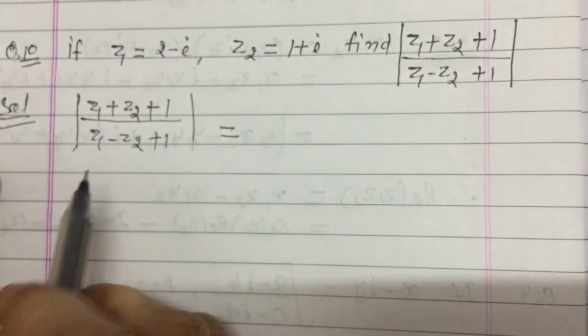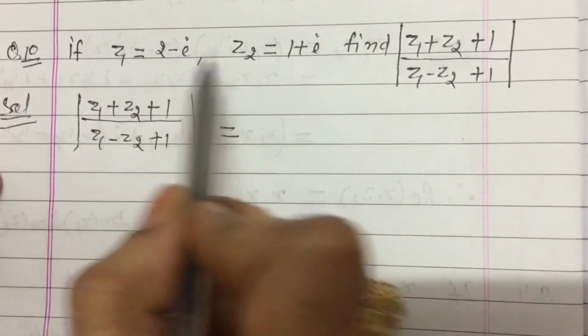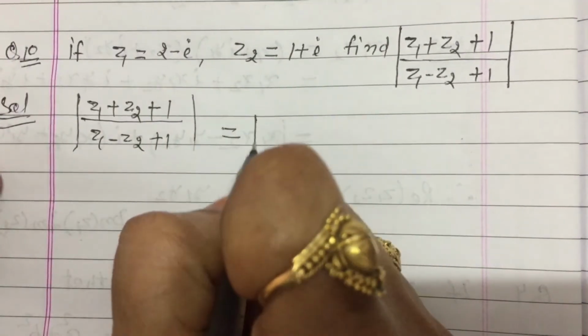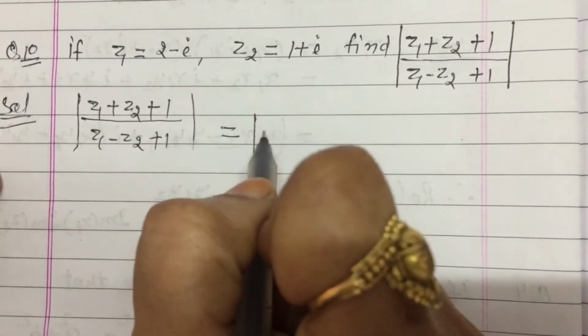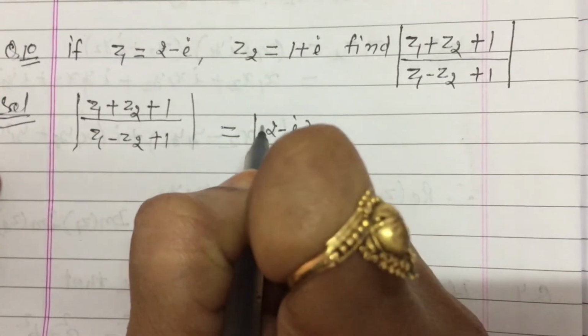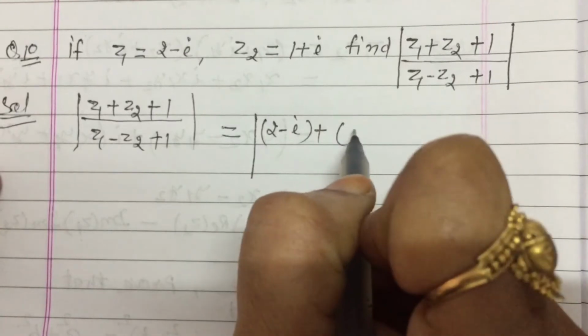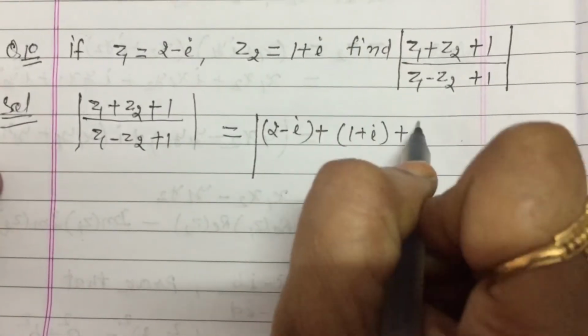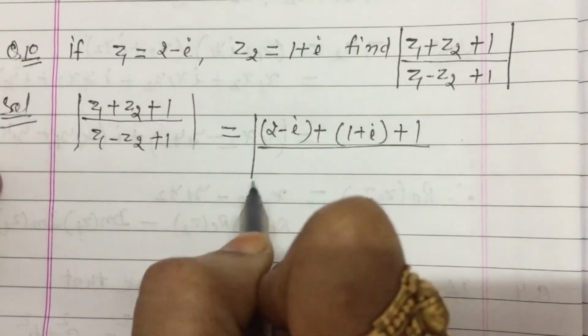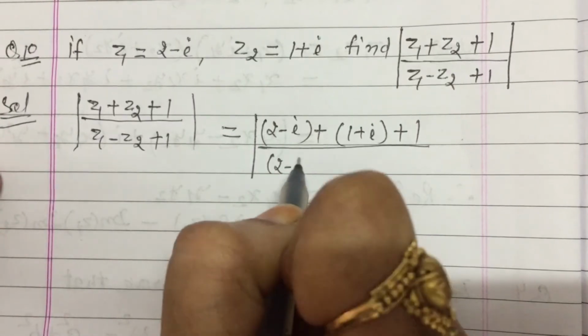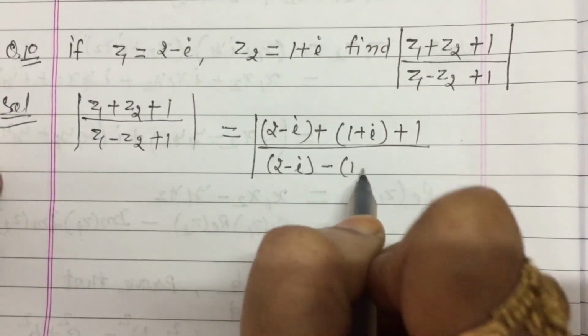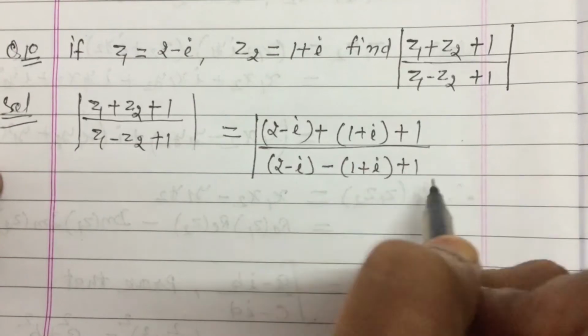Now write the values of z1 and z2. So here z1 is 2 minus i plus 1 plus i plus 1. In the denominator, same as here, 2 minus i minus 1 plus i plus 1.